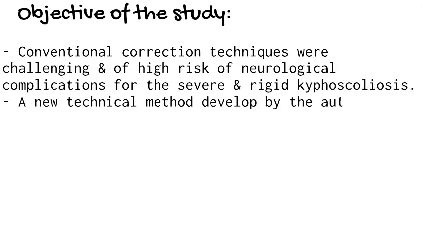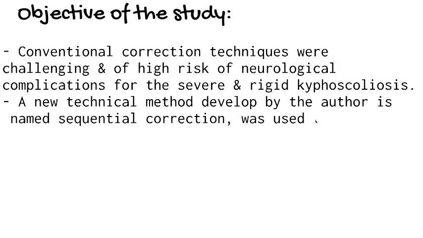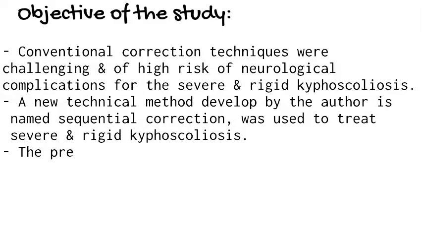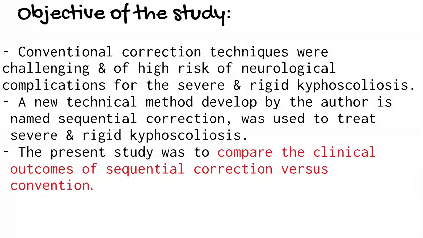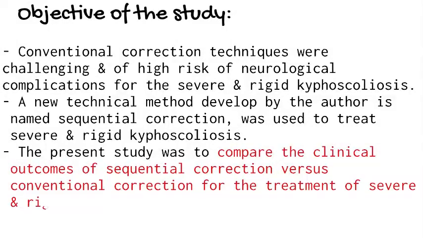A new technical method developed by the author, named sequential correction, was used to treat severe and rigid kyphoscoliosis. The present study was to compare the clinical outcomes of sequential correction versus conventional correction for the treatment of severe and rigid kyphoscoliosis.